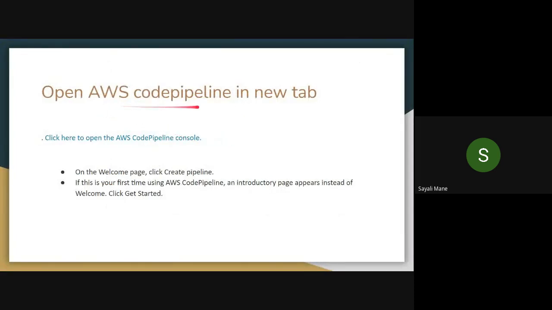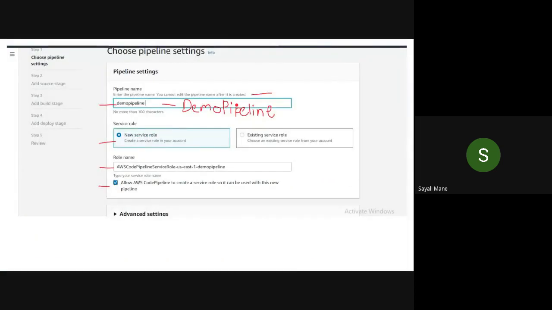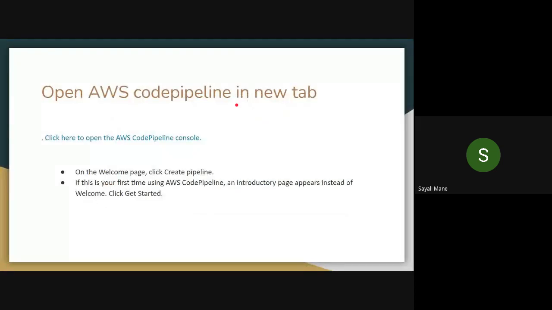Search AWS CodePipeline and open it. Open it in a new tab, because we have already created the environment in the first one, right? Yes, I'm on the page.